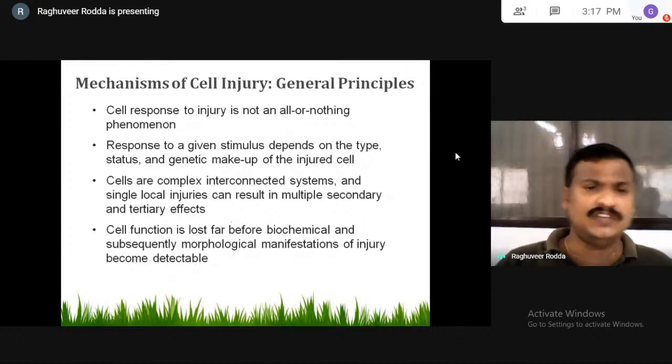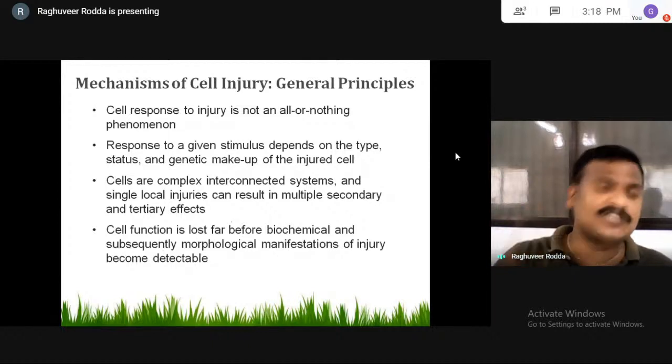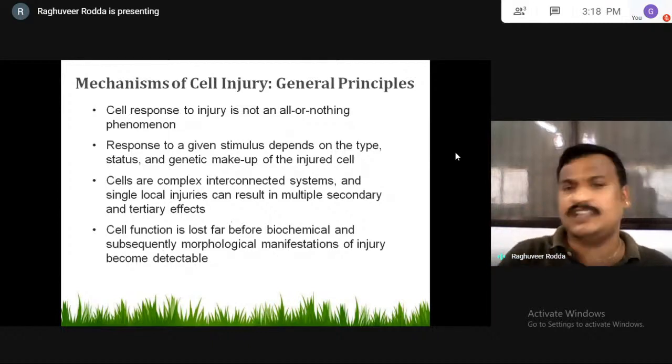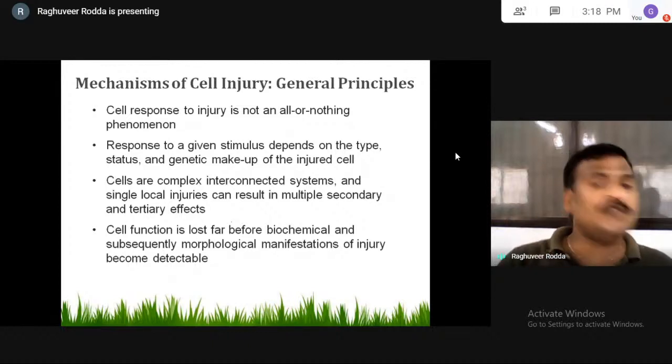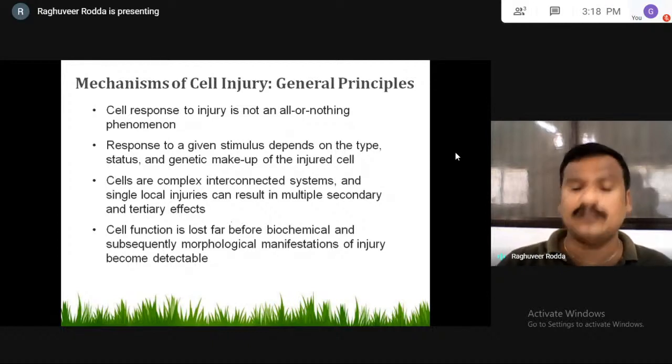During cell injury, the response given by the cell against the stimulus or the injurious agent depends completely on what type of injury it is, whether the injury is reversible or irreversible, whether the injury is severe or not too severe, and the status of the cell.